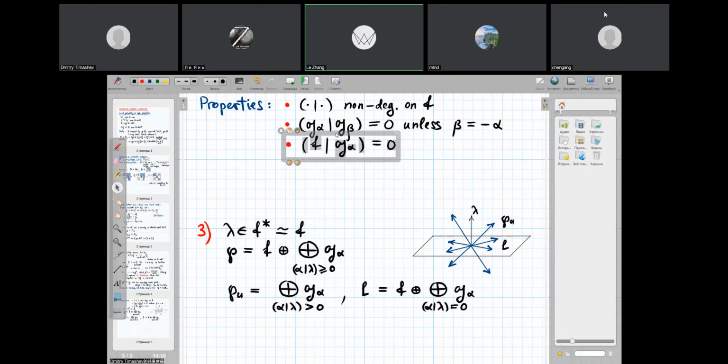So I think we just choose a hyperplane that splits the root. Let me answer the previous question.